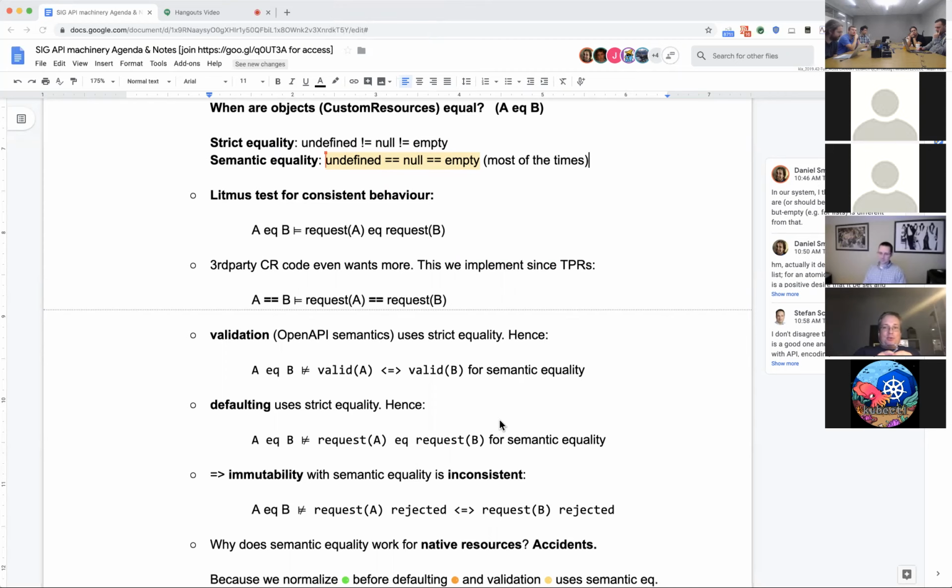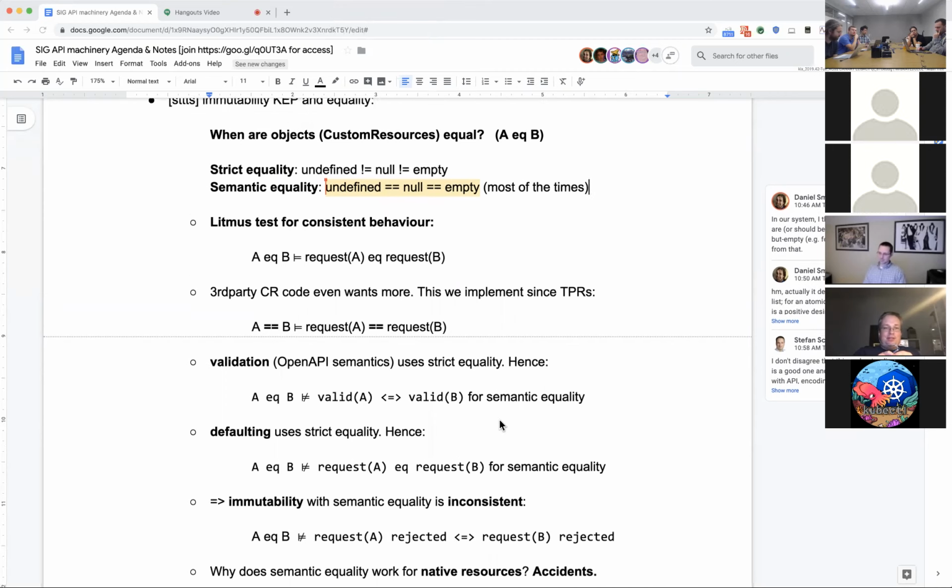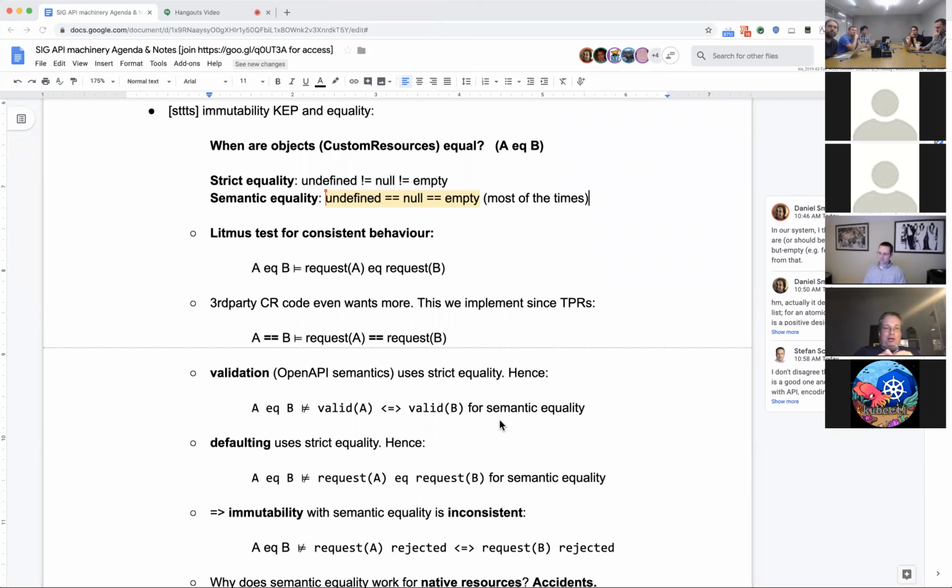Immutability, I think, is just one topic where this is important, but we notice there are more older topics like validation and defaulting as well. And we never really answered the question I put there in the beginning: when are CRs, custom resources, equal? I'm not sure about the history for native resources, whether this came up with protobuf encoding or even before, but we usually use semantic equality there.